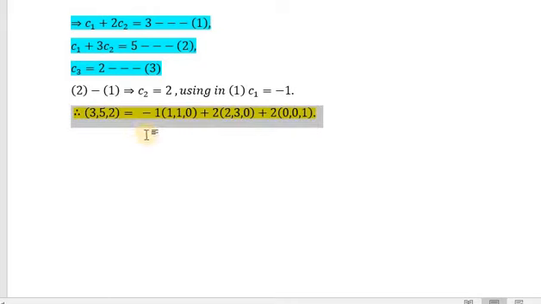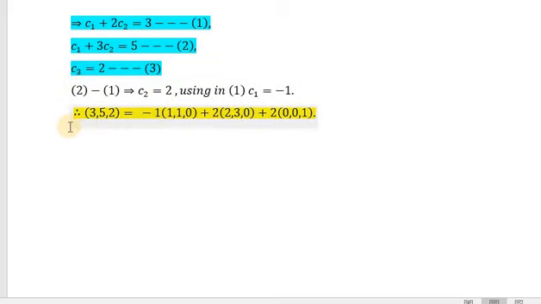So the vector (3, 5, 2) is expressed as c1 alpha 1 plus c2 alpha 2 plus c3 alpha 3, where c1, c2, c3 are respectively minus 1, 2 and 2.